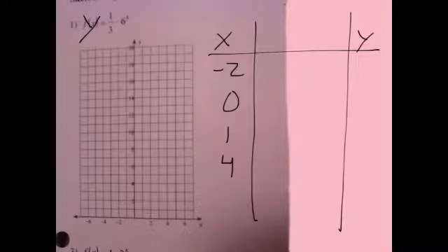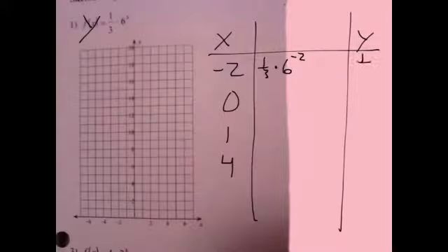So the work part of this would be 1/3 times 6 to the -2 power. Well, 6 to the -2 power is the same thing as 1/6 squared, which is 1/36. And if you want to do 1/3 times 1/36, you have to do 3 times 36, and that gives you 108.